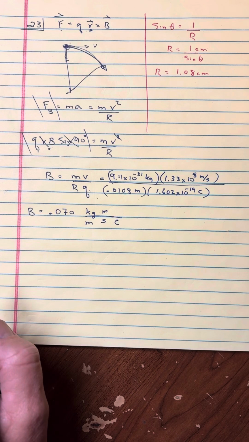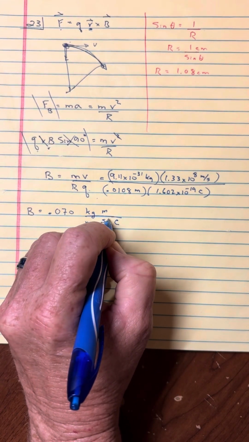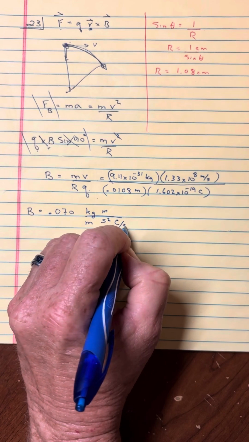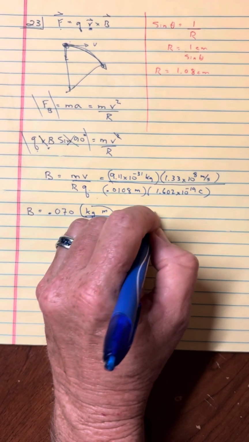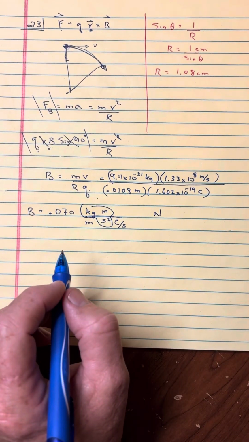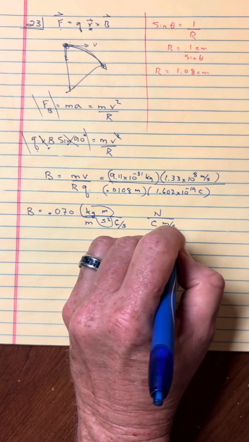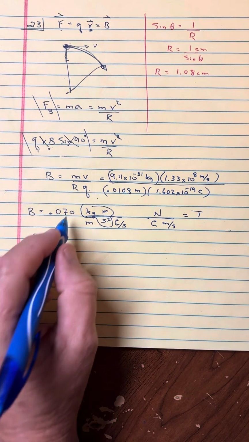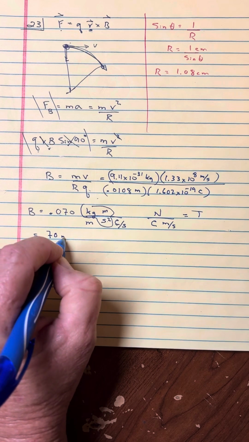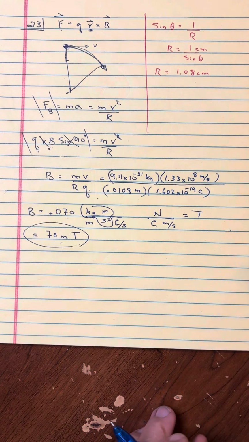If we did this, let me put another second and then divide that by a second to make it balanced, because that right there is a Newton, and then Newton per coulomb per meter each second, and that's our definition of a Tesla. Good. So it does work. And then let me just make that into a milli. And so 70 milliteslas is the final answer.